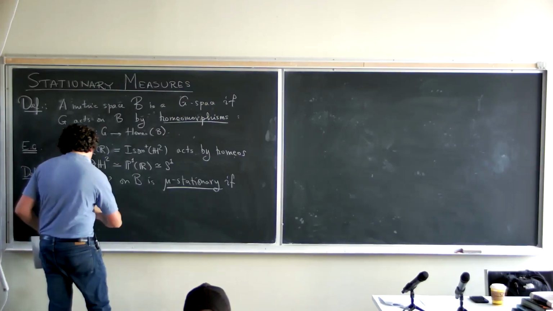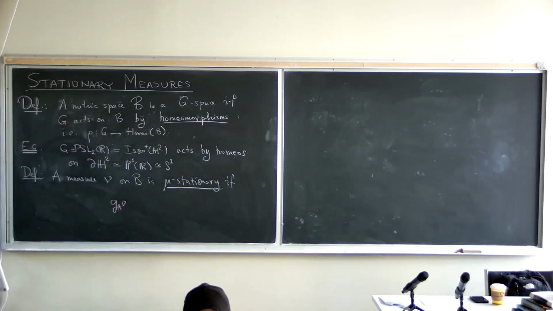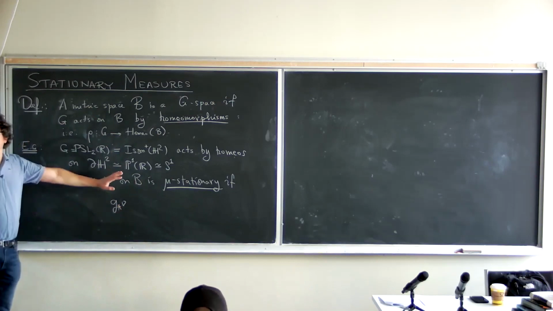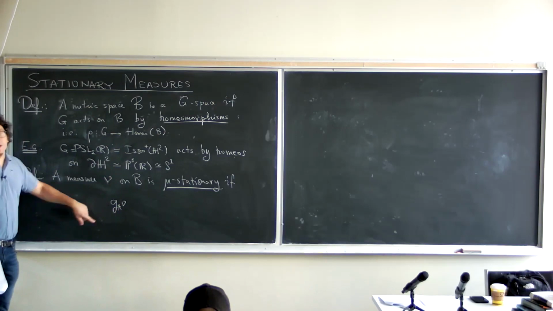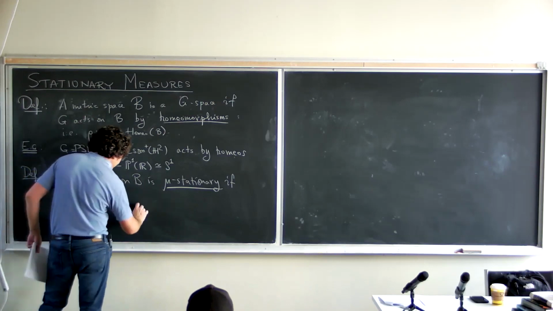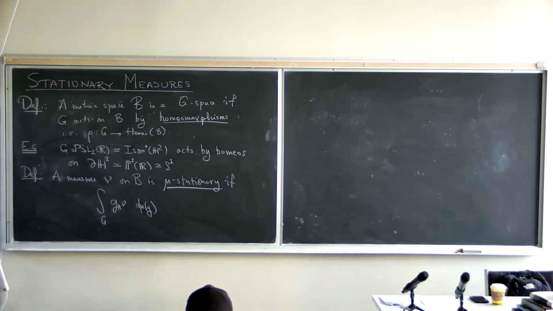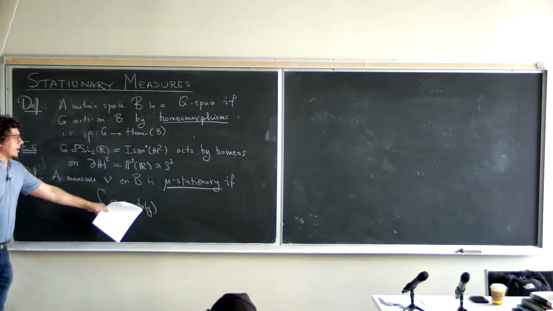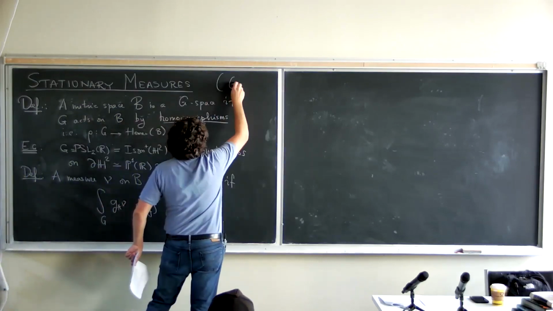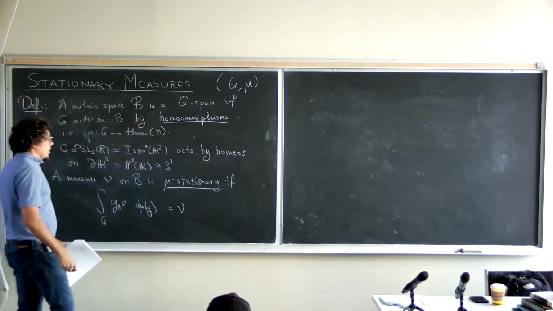So if you take g star nu, you act by g on nu, remembering that the way you act on measures is by push forward, and then you take the average, the integral with respect to your measure mu, which is a measure on the group. So the datum here is that we start with the group G and a measure on the group. And so this is equal to nu.